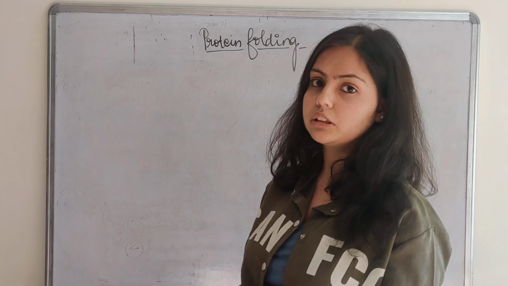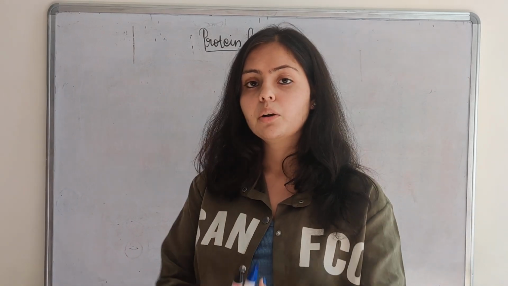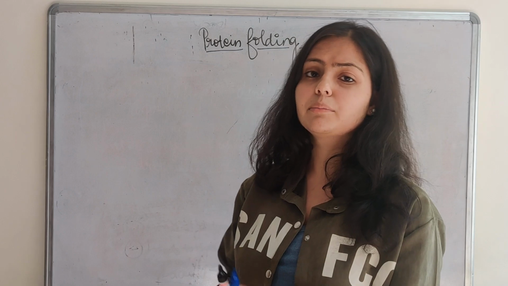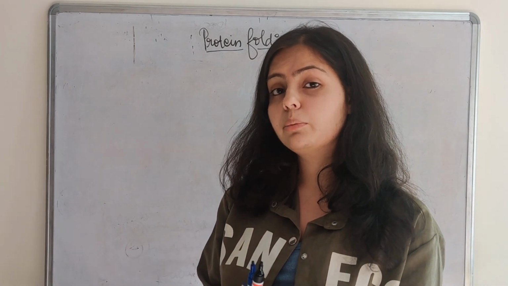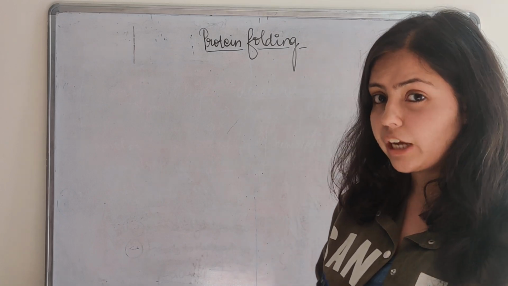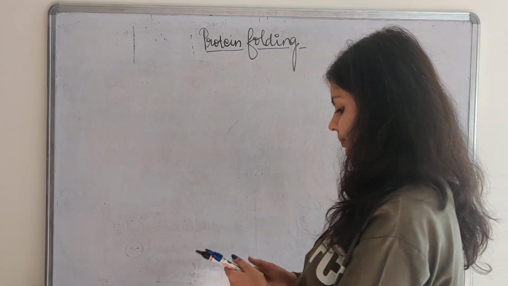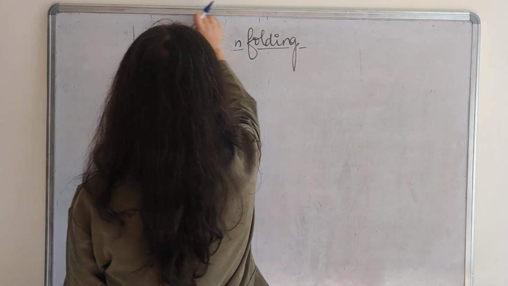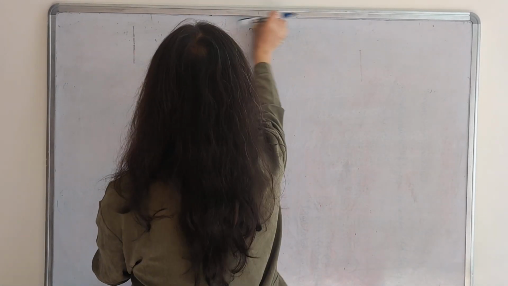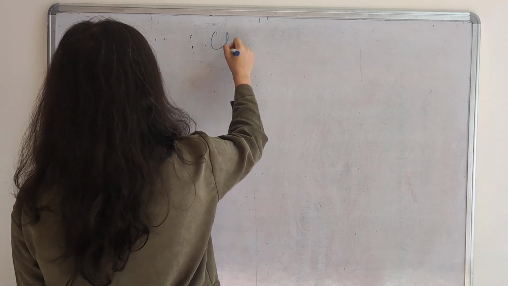Yes, obviously, because there are only 20 amino acids. When they are joining together, there may be some kind of mistakes. So, in order to reduce the mistake, we have a molecule called chaperons. So, from protein folding, we come to an important topic called chaperons.